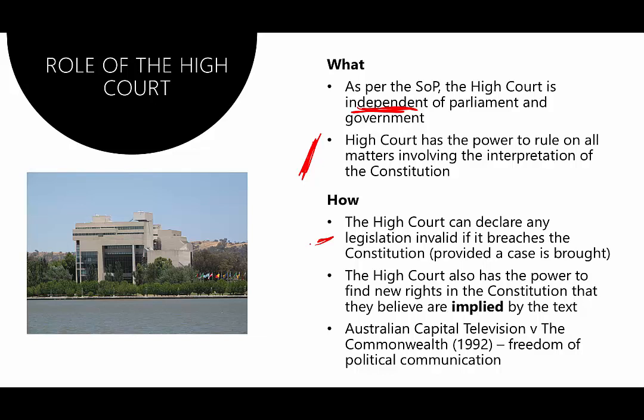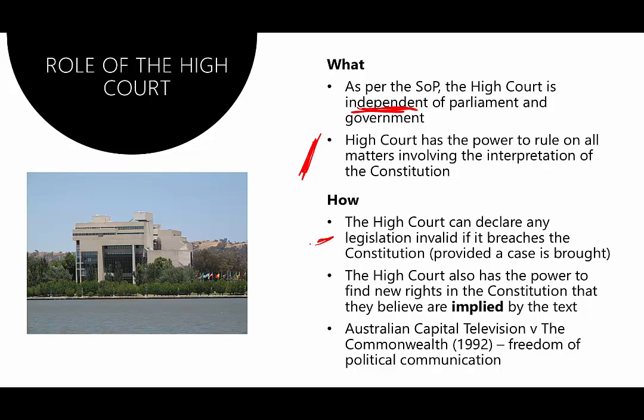Something else that the High Court can do as well is, from reading parts of the Constitution, they can actually find new rights that are implied by the text, but aren't expressly written. So, for example, in 1992, the High Court ruled on a case called Australian Capital Television versus the Commonwealth.